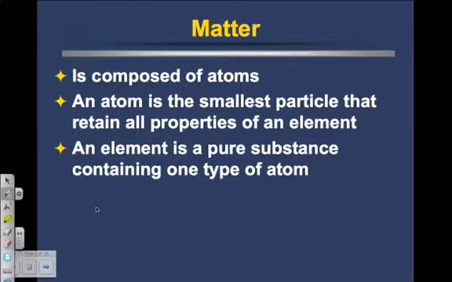Essentially, an element is almost the same thing as an atom. I mean, they're not the same thing, but you can kind of think of them as the same, because elements are made up of atoms, and the atoms are the smallest possible particle that you can have of an element.